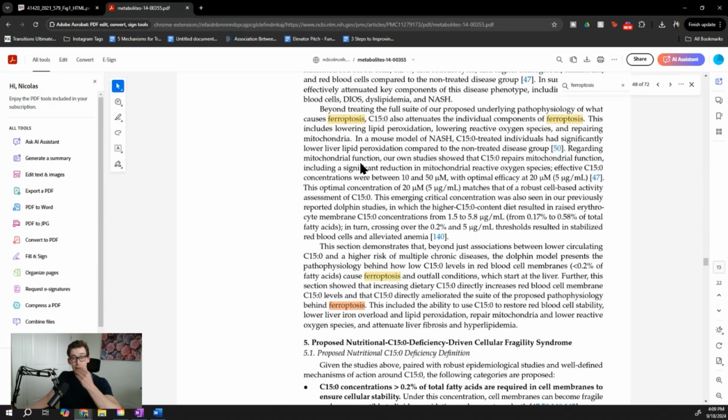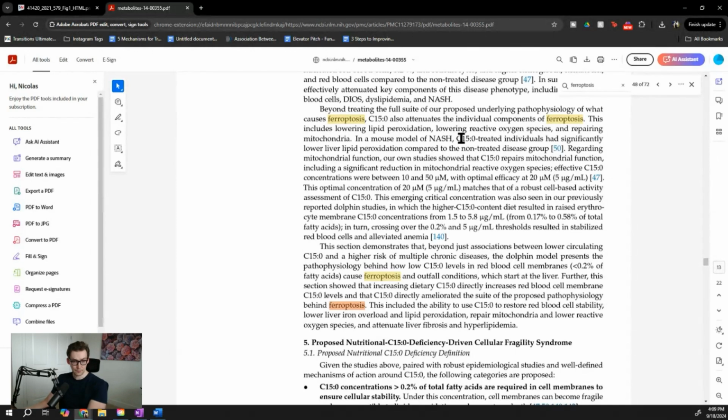Now, on the other hand, the evidence that they do provide, because to be clear, they have not done that experiment, which is super simple. What they have done is these quasi jumps through different studies that don't directly look at C15 and say, oh, here's the evidence for how C15 affects ferroptosis.